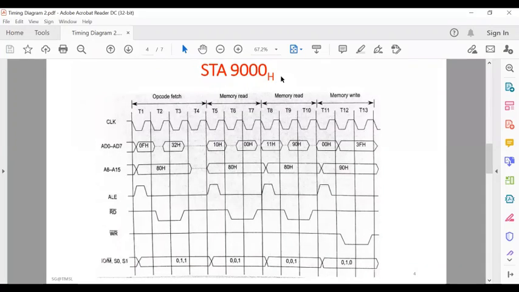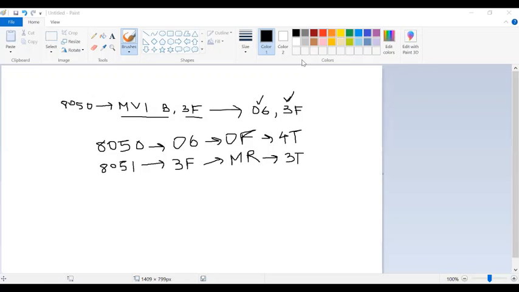The next example is a 3-byte instruction example. STA 9000. Now suppose it is stored in memory location 800F.